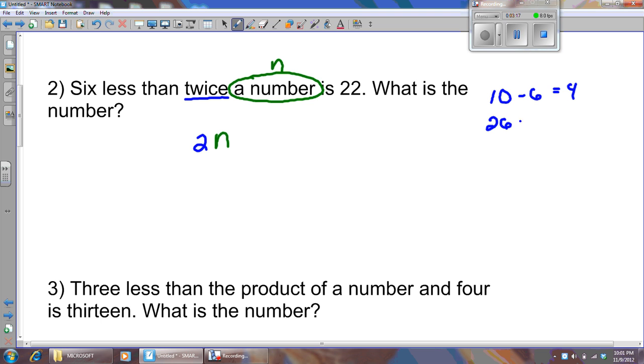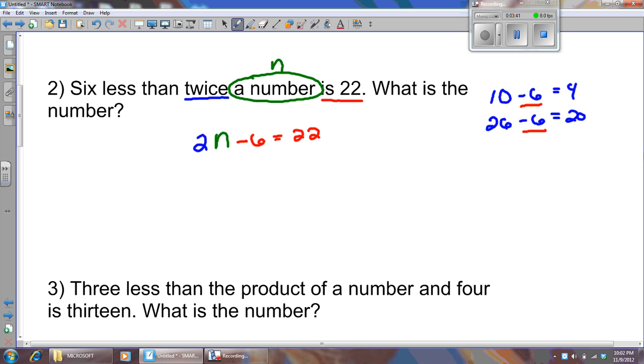What's 6 less than 26? I subtract 6 and I get 20. Hopefully you can see that just like in the first example, when you were doing 5 more, you didn't do 5 plus, you did plus 5. When I'm doing 6 less, I'm subtracting 6. So it's going to be 2n minus 6 equals 22.